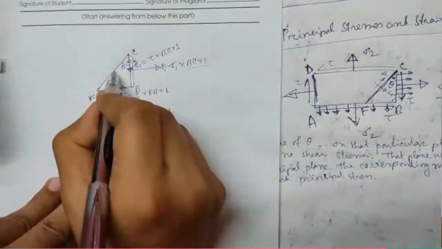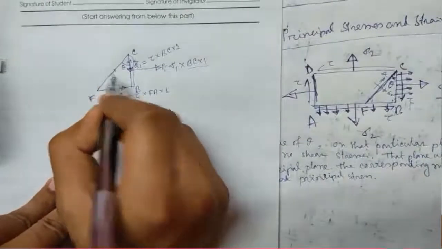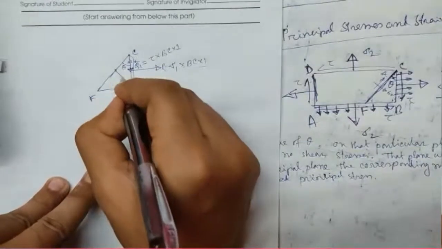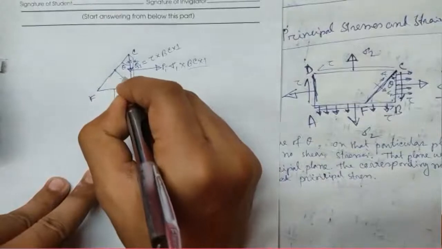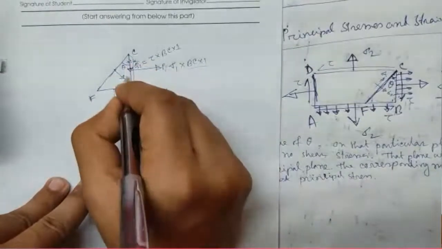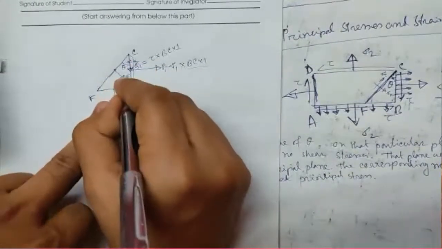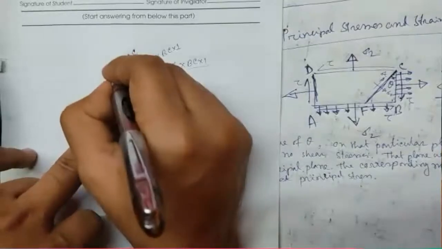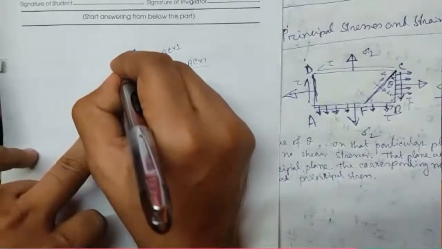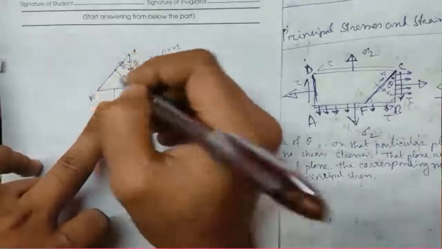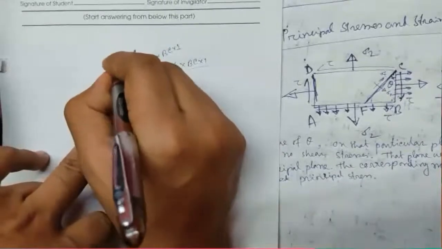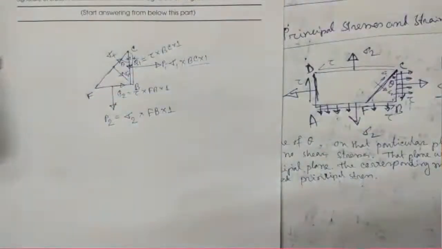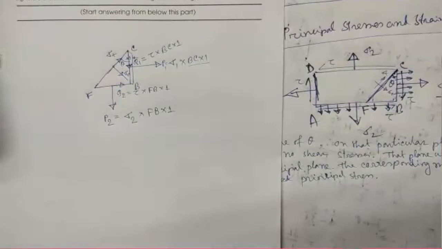Now at this plane there is a stress which is normal to the plane, which will be sigma n, and along this plane which will be sigma t, sigma tangential.